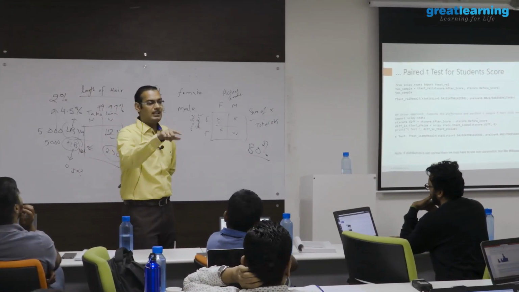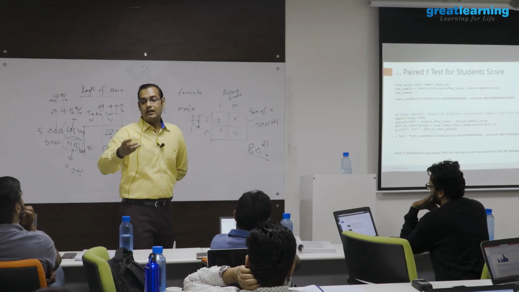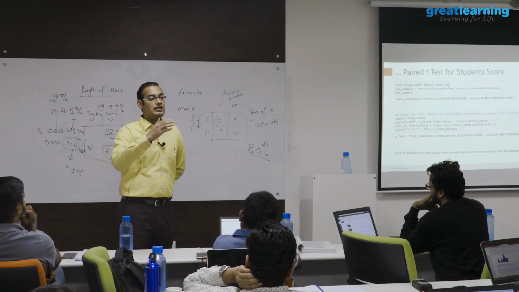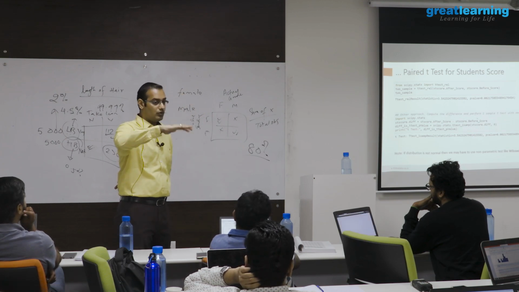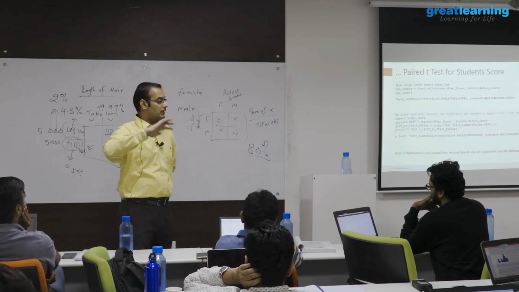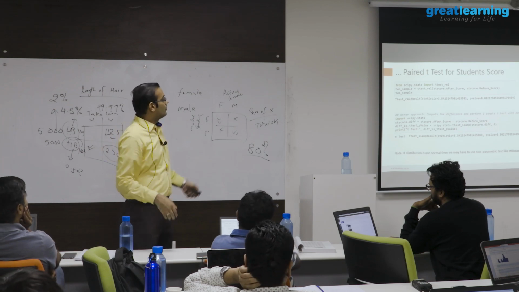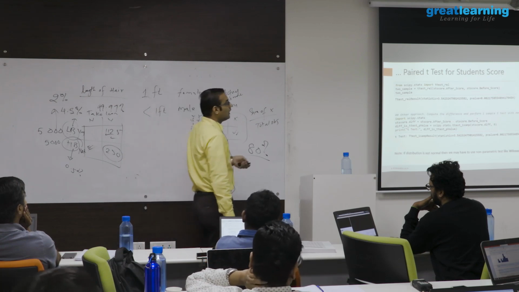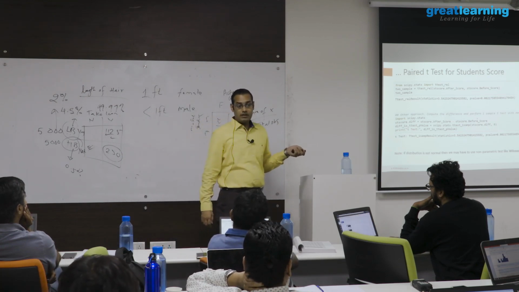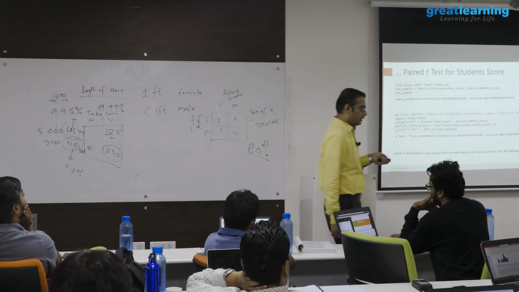We reject the null and accept the alternate. And rejecting the null means, in the t-test, the null is mean A equal to mean B. The alternate is not. So there is a significant difference. That's the conclusion.